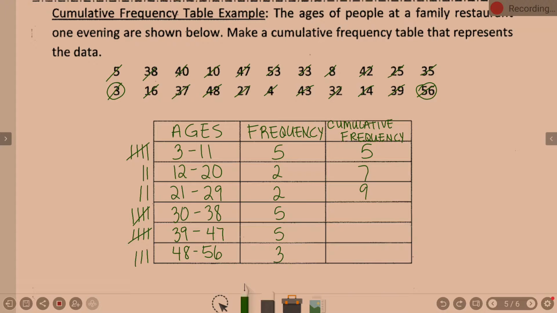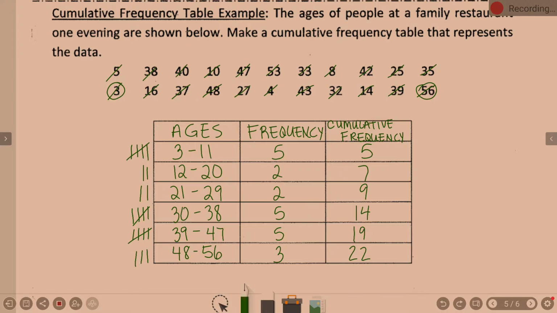Next one, we're at 9. We add 5, we're at 14. We add 5, we're at 19. We add 3, 22. And what that should mean is if you go back and count how many numbers we had up here, there should have been 22 numbers to start with.